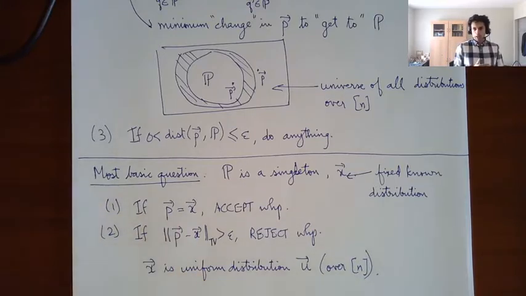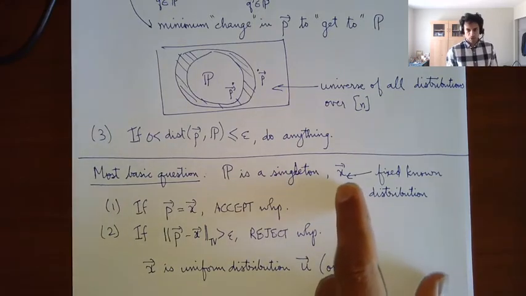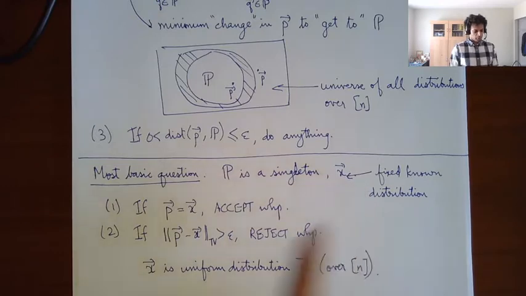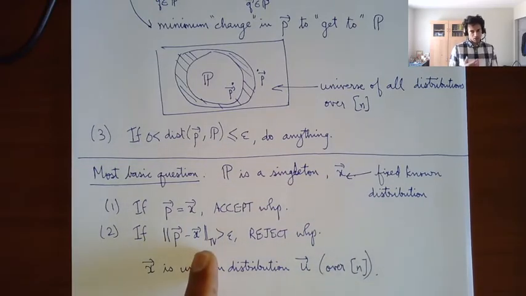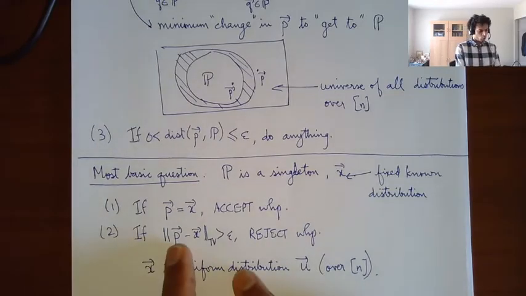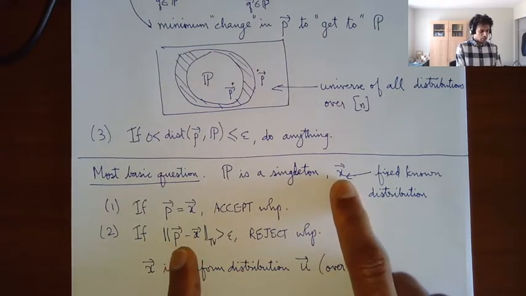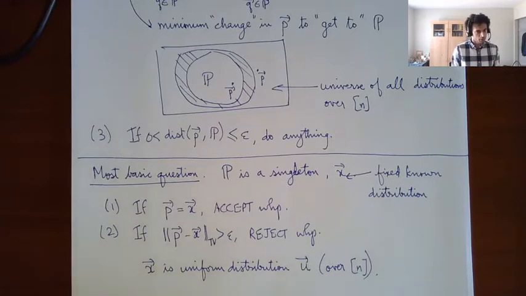So all we would like to do is to distinguish: is our hypothesis good enough, or is it far enough that it really does not reflect the world? So this is your hypothesis, this is the world. This is statistical hypothesis testing, the most basic question.